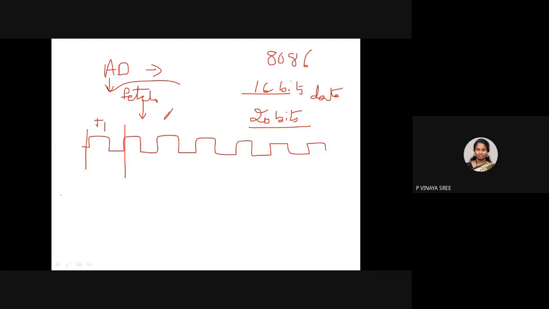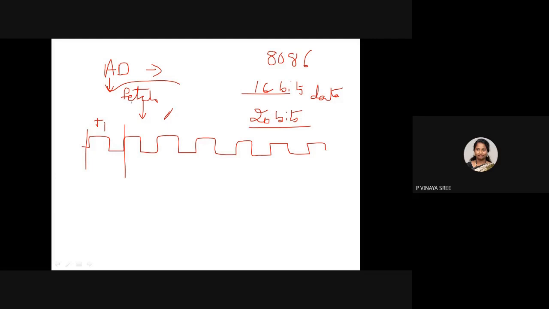And once again I'm repeating, for each and every pin try to represent it with separate diagrams. Like if it is AD0 to AD15, try to represent the clock. To execute an instruction, there are some steps to be followed. It has to fetch, it has to decode, it has to execute.